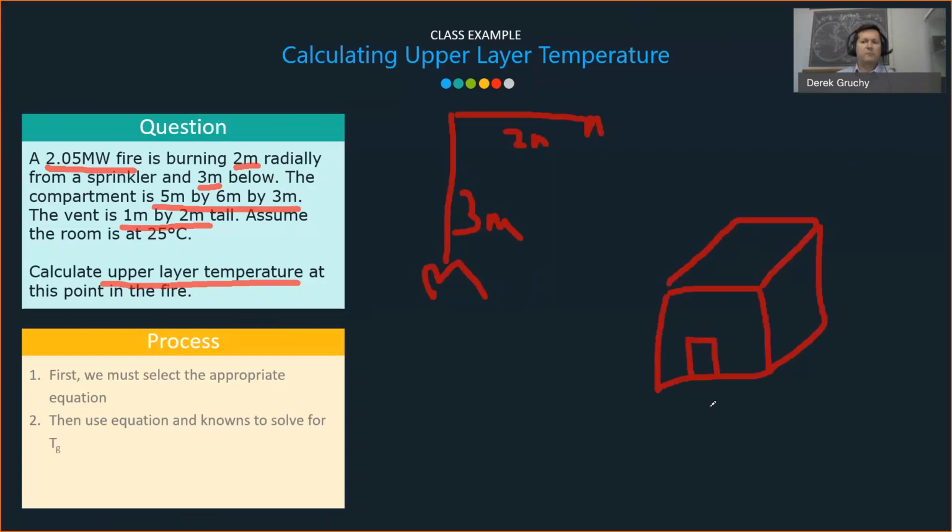And so as the fire's burning, we're going to have oxygen coming in to the door, and that's going to be the ventilation for the fire. So that's going to impact the overall upper layer temperature. And we're also told that the initial room temperature is 25 degrees Celsius.